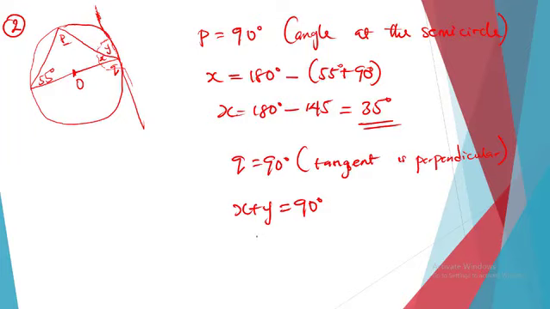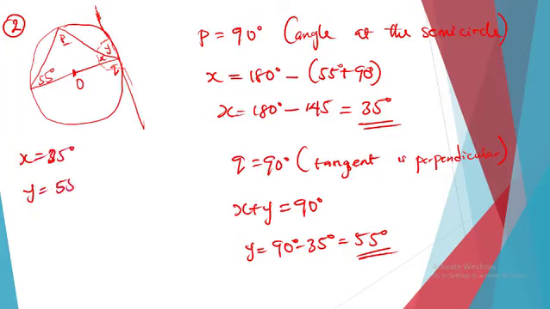Now we've gotten the value of X before to be 35, so Y will be equal to 90 minus 35. What do we have? We have 55 degrees. So our X is 35, our Y is 55, our P is 90, and our Q is 90 degrees.